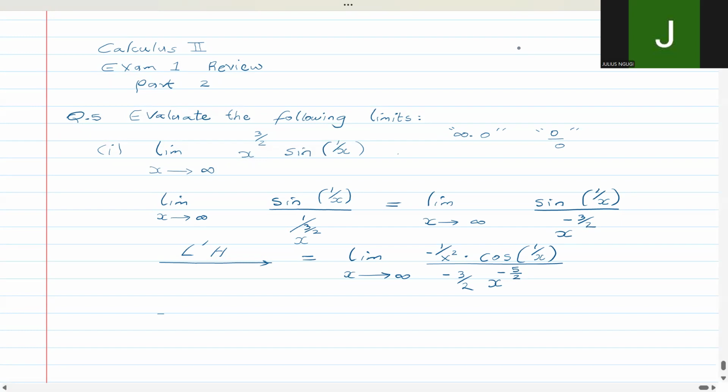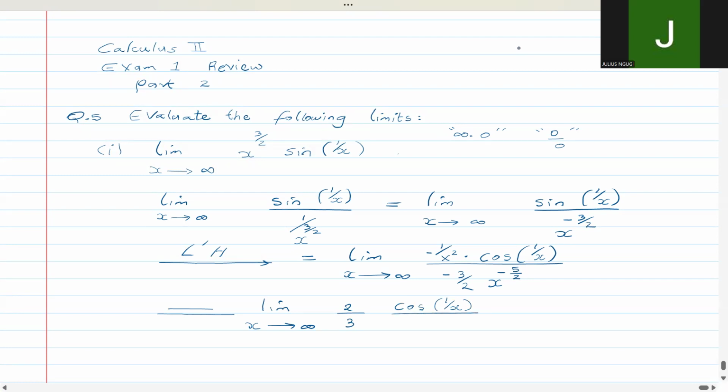Cleaning this up, we have the limit as x approaches infinity of 2/3, because it's 3/2 in the denominator. Minus and minus cancel, and we have cosine of 1/x as the numerator function.